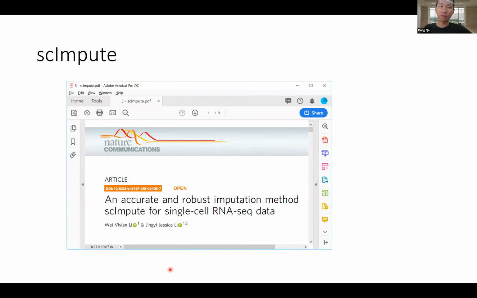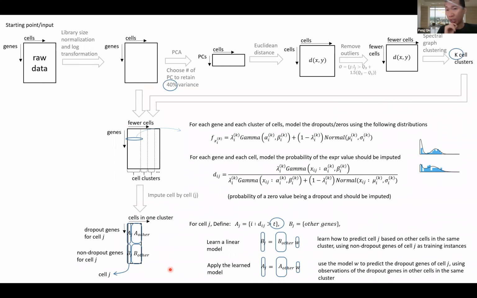And then in terms of SE impute, this is an algorithm developed by a statistics group at UCLA. Here is their general pipeline. Starting from the raw data, the basic normalization and log transformation is the same. Then this is the paper that I mentioned earlier.